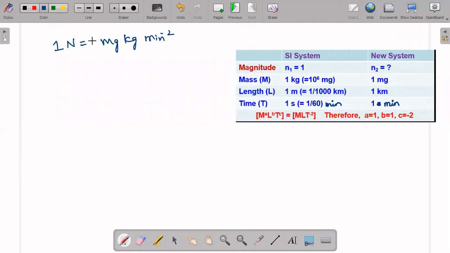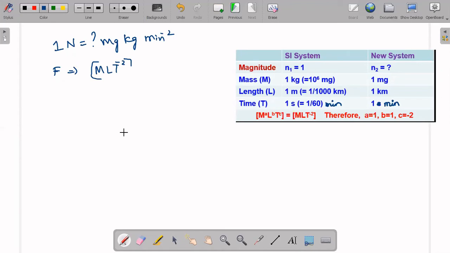Now, how many of these units will it be? The dimensional formula of Newton we already know. 1 Newton is nothing but force, and the dimensional formula of force is M L T to the power of minus 2.